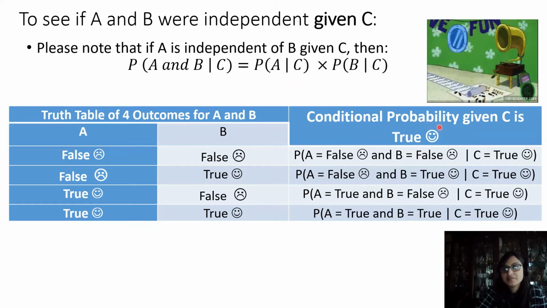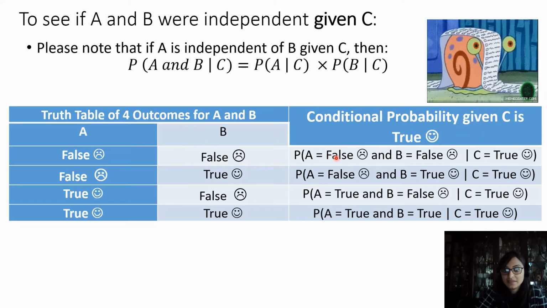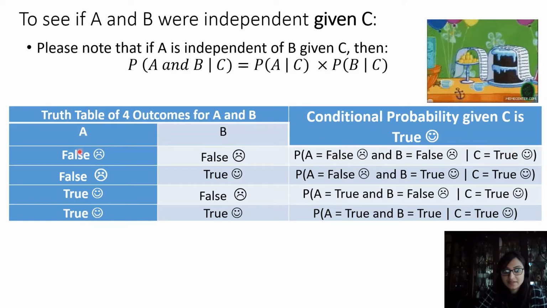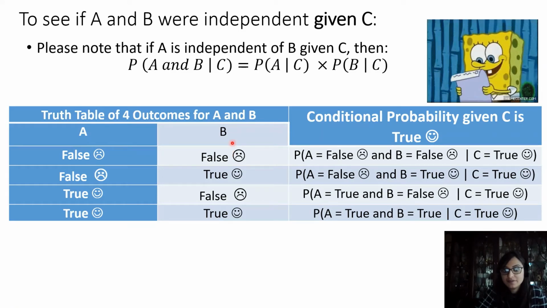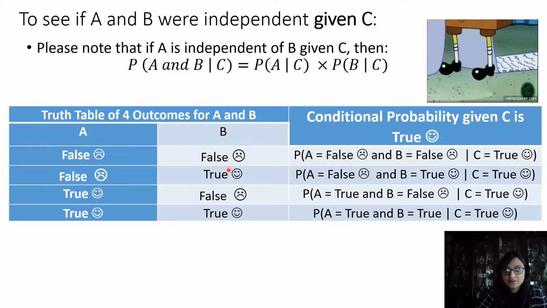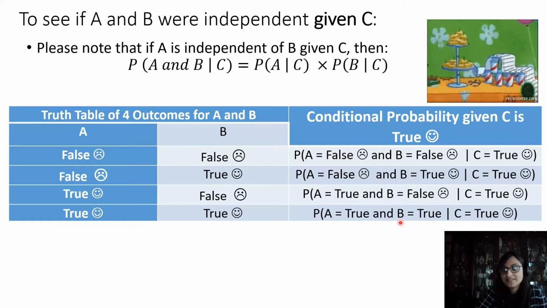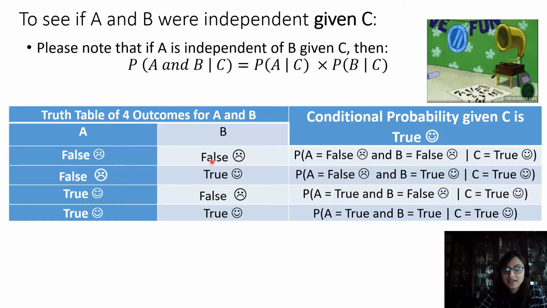This is the conditional probability given C is true. So we would need to find probability A is false and B is false given C is true, and see if that equals probability A is false given C is true multiplied by probability that B is false given C is true, for instance. So these are the conditional probabilities that we need to calculate for each of these respective values of A and B.